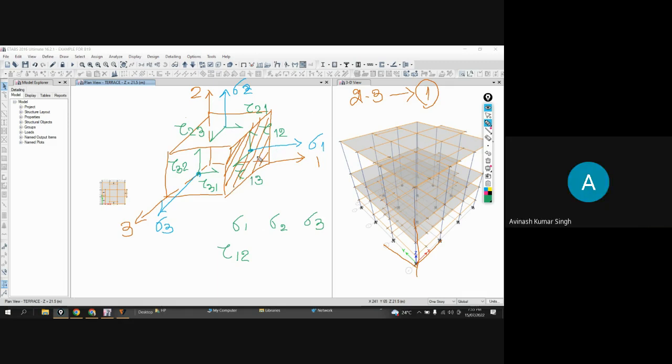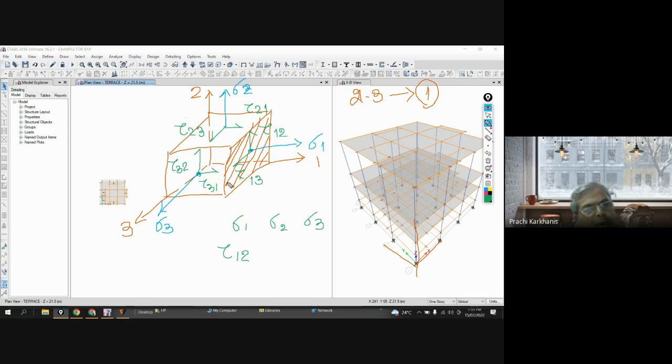Similarly, tau 1 3 and tau 3 1 are same, so I will call it tau 1 3. And this will be tau 2 3 and tau 3 2, so I will call it tau 2 3. So actually there are 9 stresses or 9 forces, and as 3 are equal, the independent ones will be only 6.